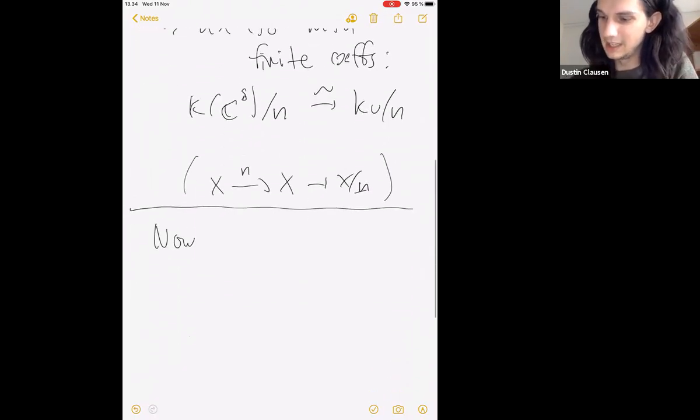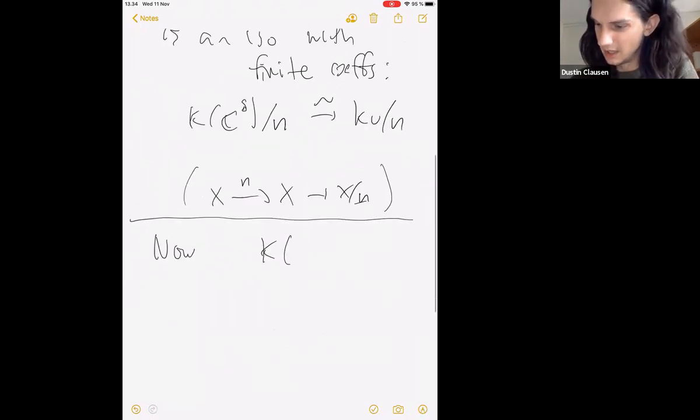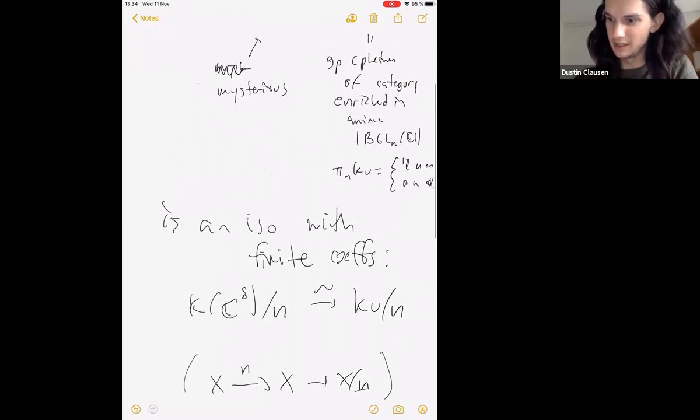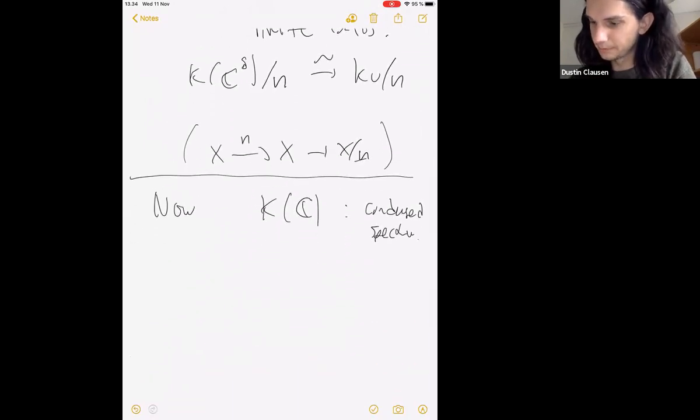But you can take the analogous thing built from the topological spaces GL_n and then BGL_n in the world of condensed anima. And then we have a full condensed spectrum, and it determines both of these things. It determines K of C discrete, and it determines the other one.